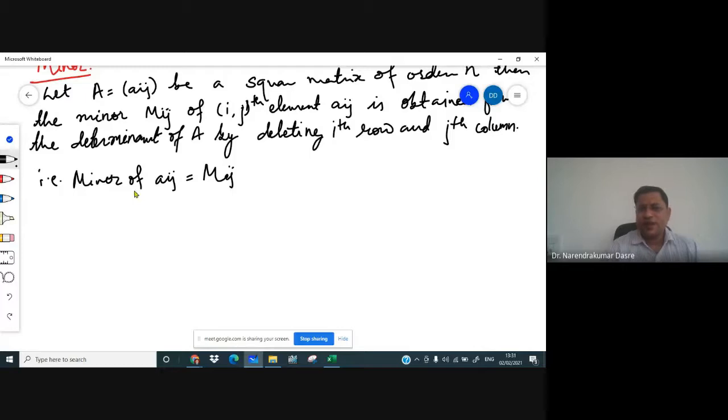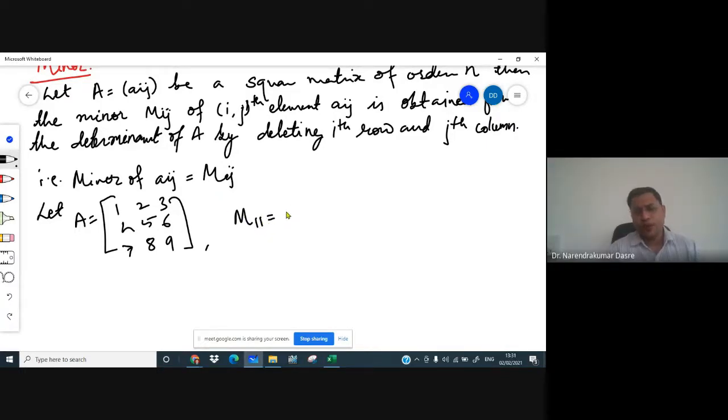Let us try to calculate some minors. Let A be the matrix 1, 2, 3, 4, 5, 6, 7, 8, 9, and I want to calculate the minor M11, the minor of A11.